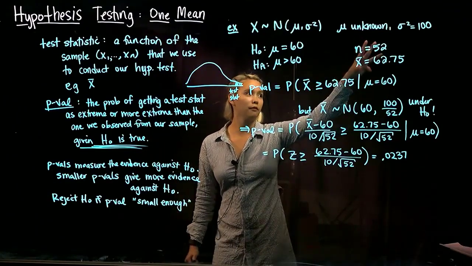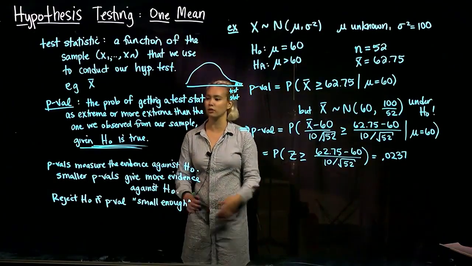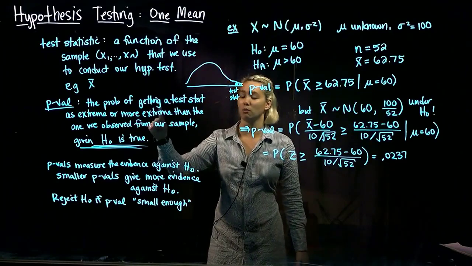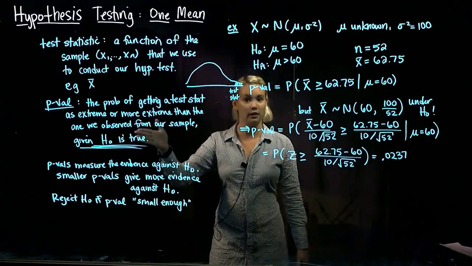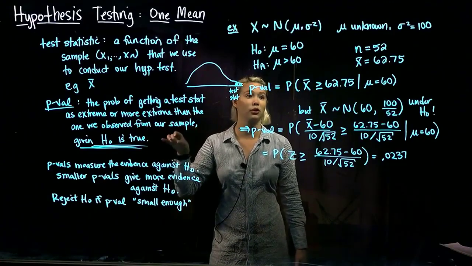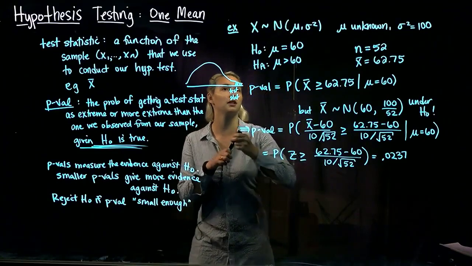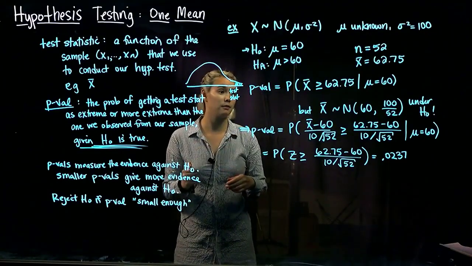All right, so with that information, we want to calculate our p-value. All right, so remember our p-value is the probability of getting a test statistic as extreme or more extreme than the one that we observed from our sample, given that the null hypothesis is true. So when we're calculating our p-value here, we're assuming that the null hypothesis is true. So we're assuming that mu equals 60.